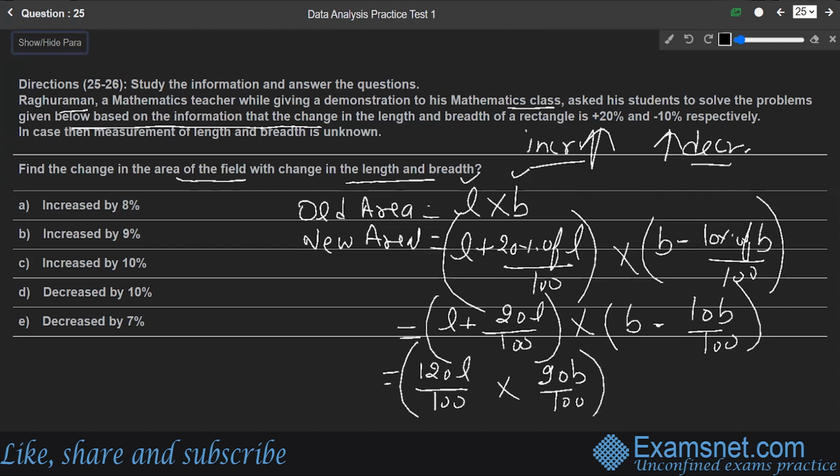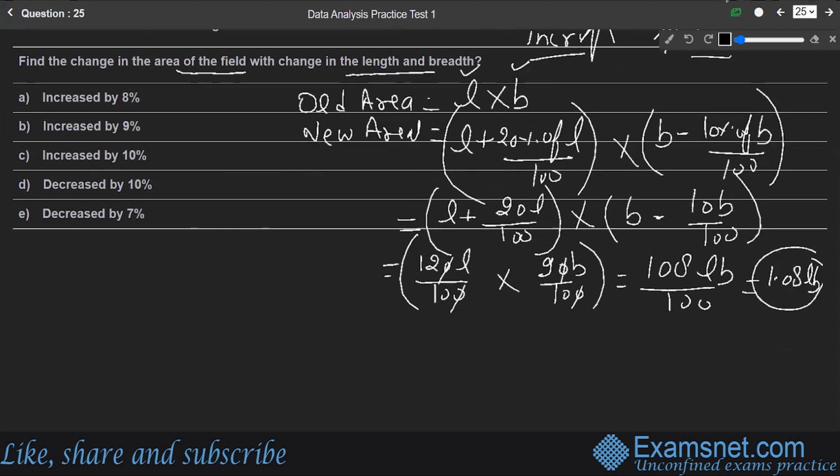We can obviously simplify this by cutting the numbers. So it becomes 12 into 9, that is 108 LB by 100, which is nothing but 1.08 LB. That is the new area, 1.08 LB. The older area was LB, the new area is 1.08 LB.